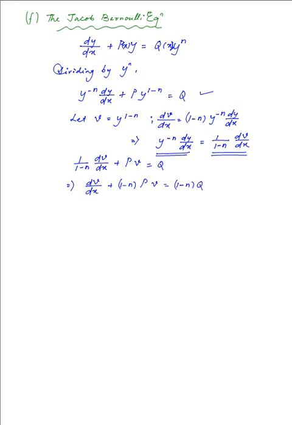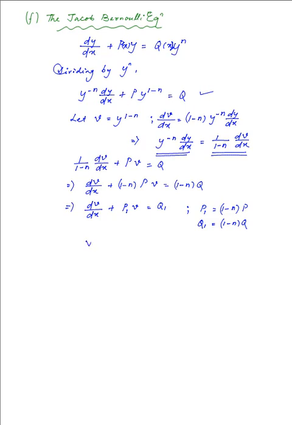For our convenience, let's take 1 minus n times p as p1 and 1 minus n times q as q1. Now we have a linear differential equation where p1 is 1 minus n times p, and q1 is 1 minus n times q. So we have reduced it to a linear differential equation, and now we have the solution of it.